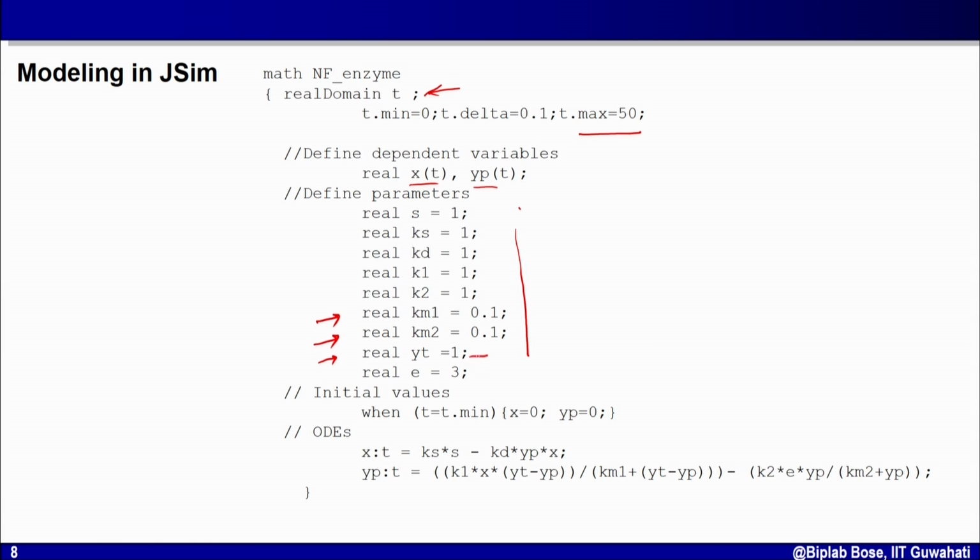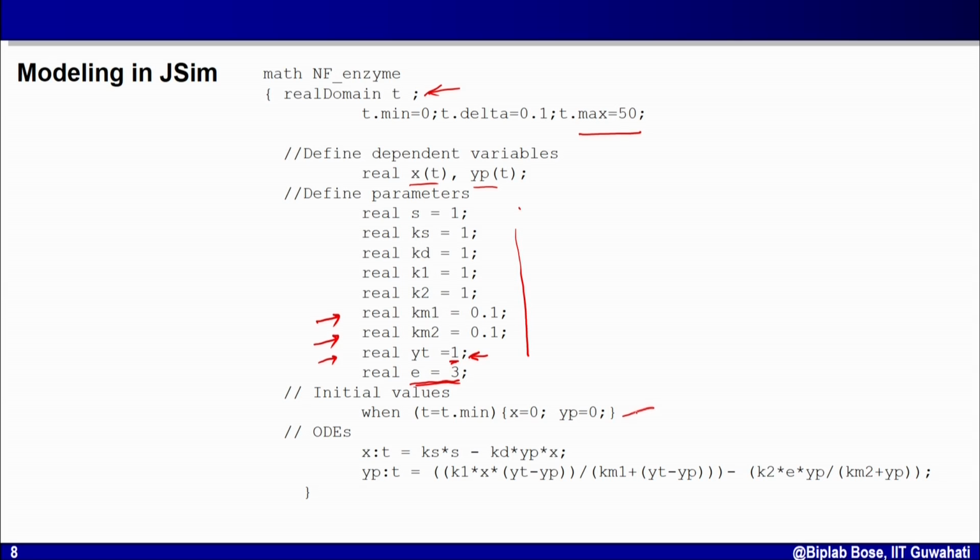We can keep yt constant at 1. We will not change it much. Rather, we will change km1 and km2, so the ratios of km1 to yt and km2 to yt will change. So we will keep yt constant and change the Michaelis-Menten constant in our simulation. Also E, the amount of phosphatase, may vary in the simulation and we will see its effect.